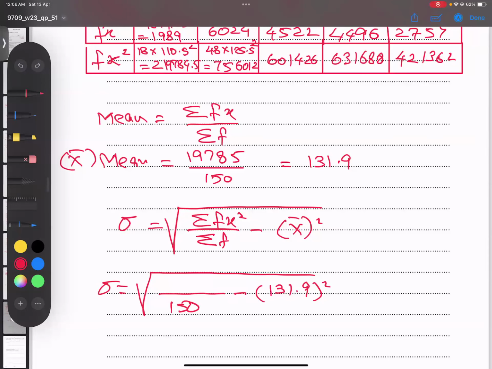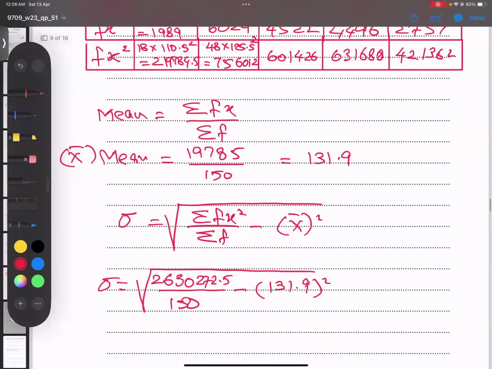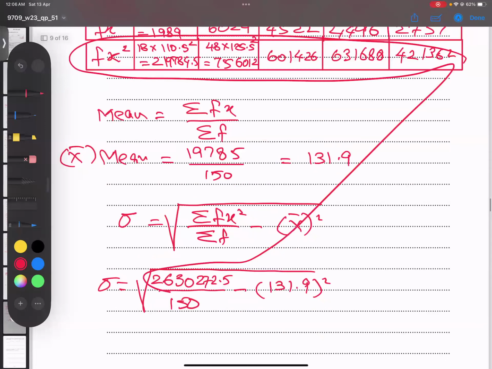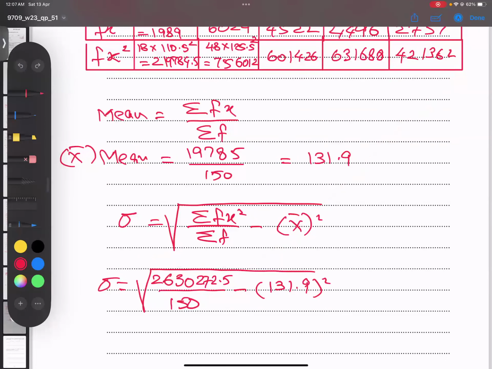Okay, and this value which I'm getting here, I'm going to type in the calculator, and the value which I am getting is exactly, let me recheck, 630,272.5. This is the sum of all these values. I kept it here. And I believe the idea is clear.